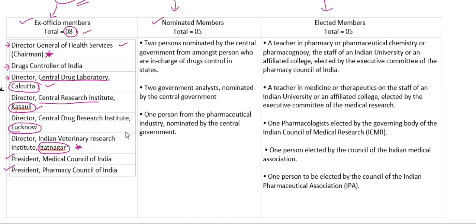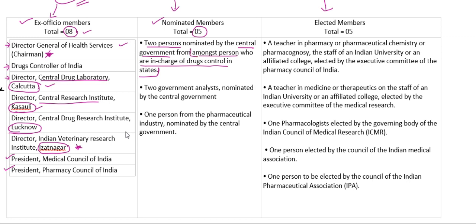Next, we are talking about the nominated members. So who are the nominated members? A total of 5 members will be nominated. 2 persons are nominated by the central government from amongst the persons who are in charge of drugs control in the states.